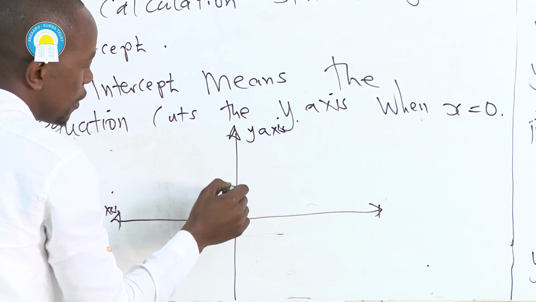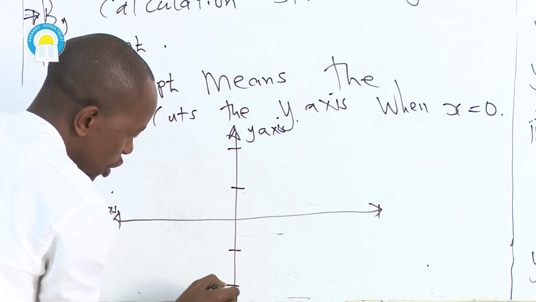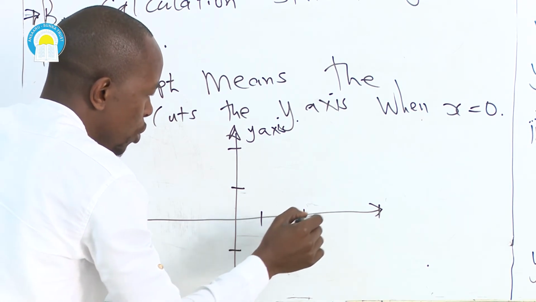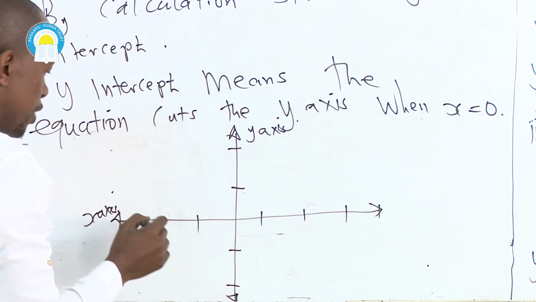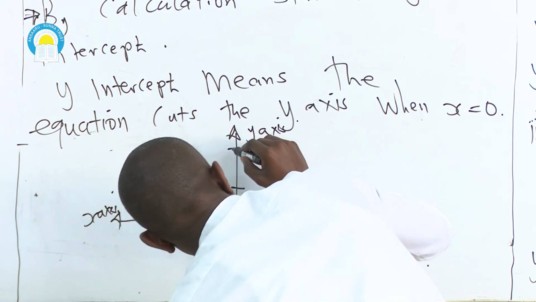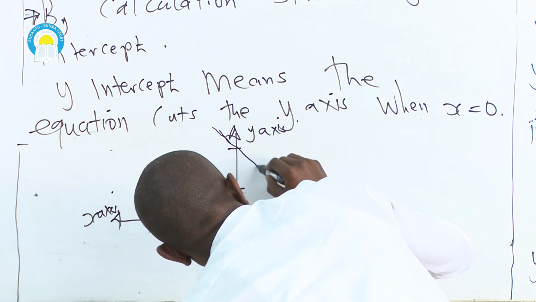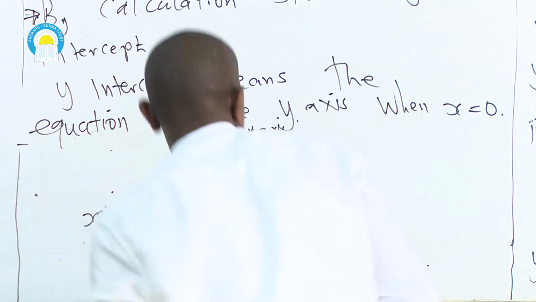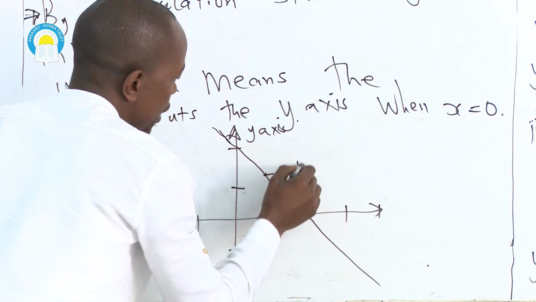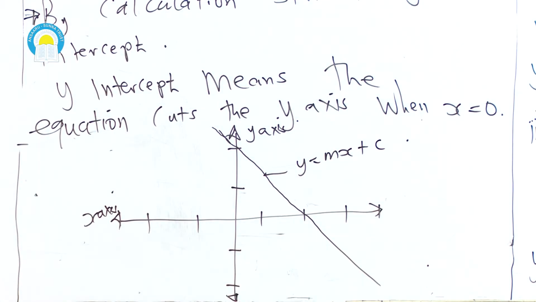It's a sketch, not drawn to scale. And probably I say that my line, or the equation, is passing through that point like that, and this is the equation y is equal to mx plus c.